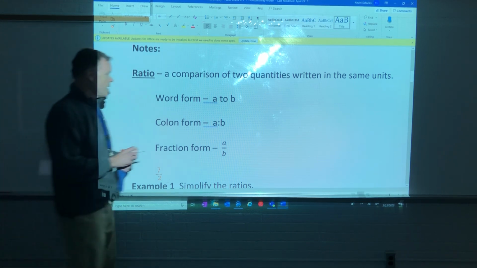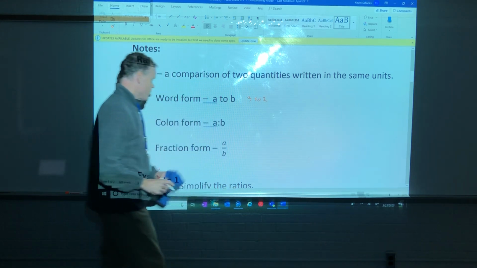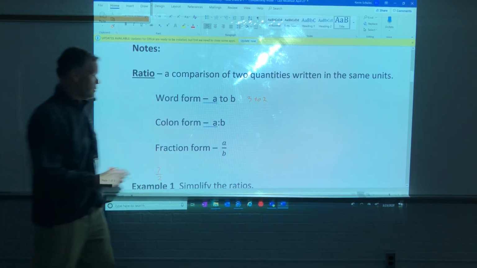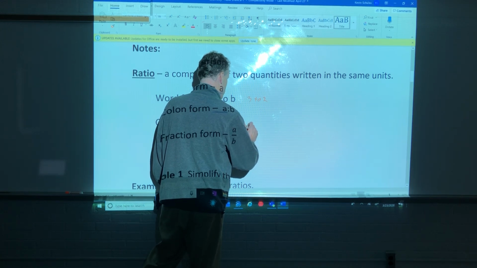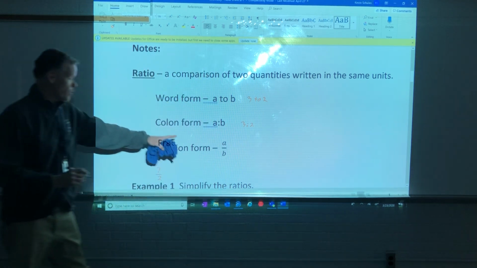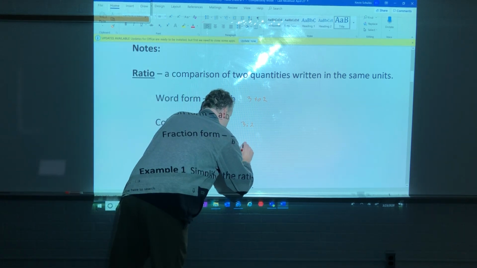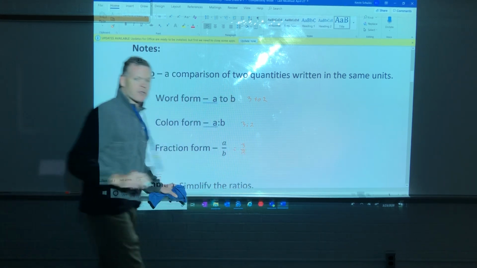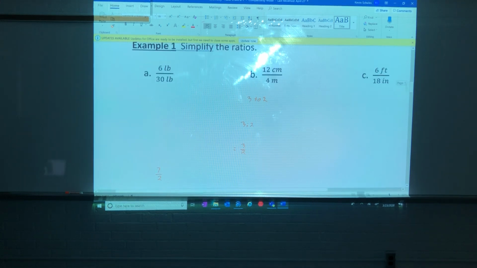You could see in the word form 3 to 2 would be an example. In the colon form, same thing, 3 to 2. And then, of course, in the fraction form, 3 to 2. But they all really mean the same thing. Okay? And again, this is a review of some things you've already done.